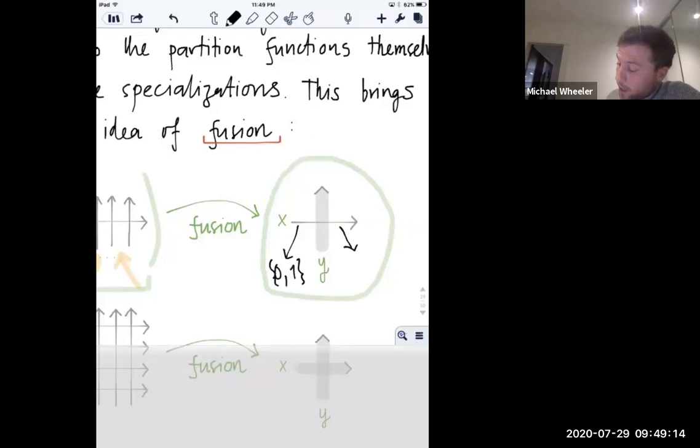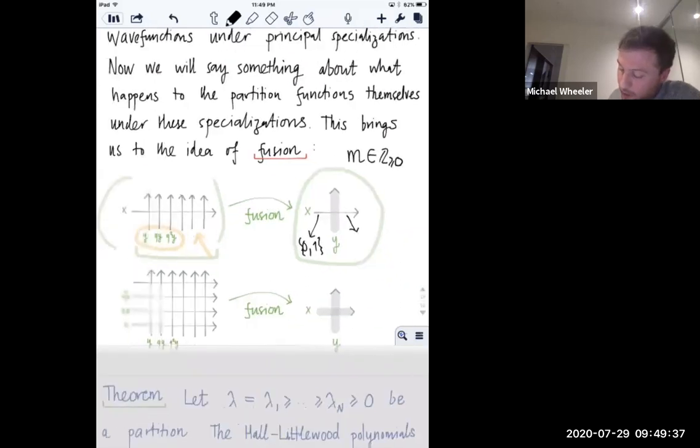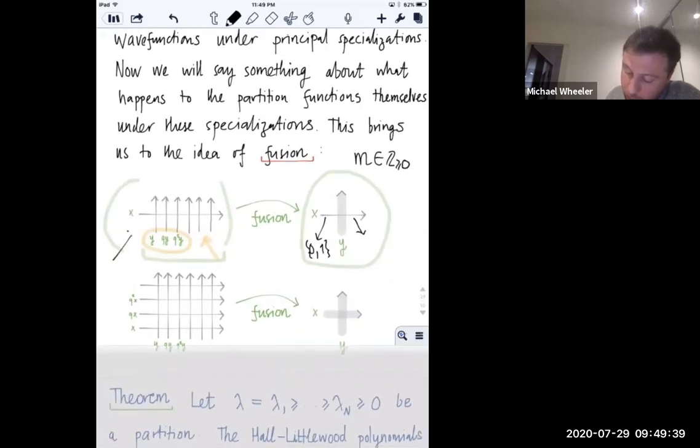It's going to be denoted by m, where m is some non-negative integer. So actually the states that live on that fat line have really been transformed into some infinite dimensional space now, whereas what we started off with here had all of the spaces being finite dimensional.